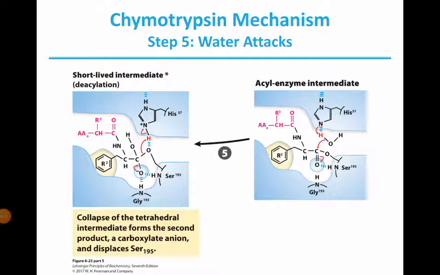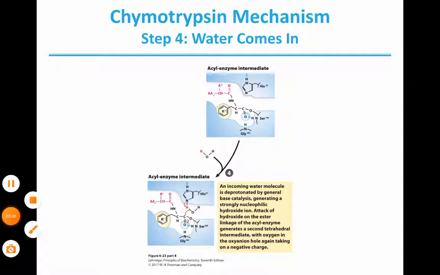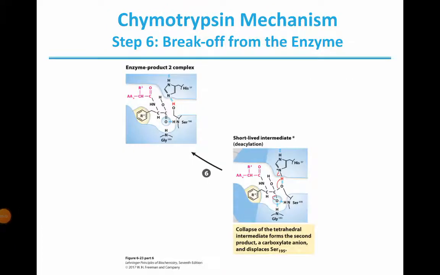Then step 5, which is a very short-lived reaction. There is a collapse of the tetrahedral intermediate, which forms the second product, a carboxylate anion, and displaces serine 195. So we can see here, this is the last step, break off from the enzyme.